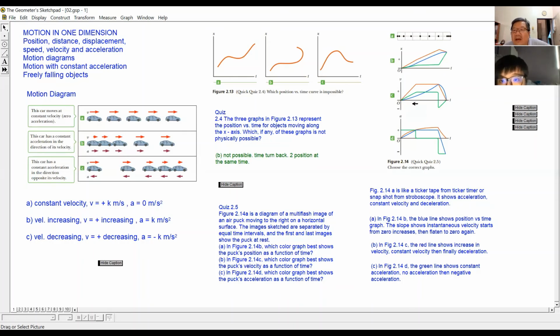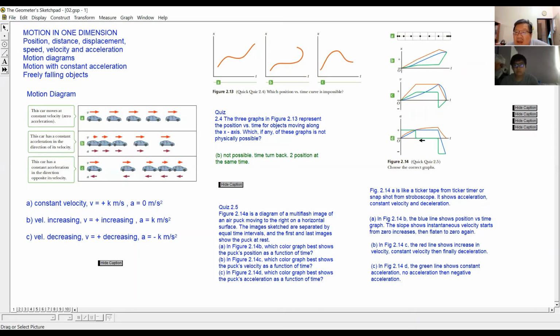Earlier you told me the velocity increases, then is constant, then decreases. You see here the red line moves up, the velocity increases, then becomes a horizontal line, constant, then moves down again. So the velocity decreases until zero again. You are right, the red line represents the velocity.